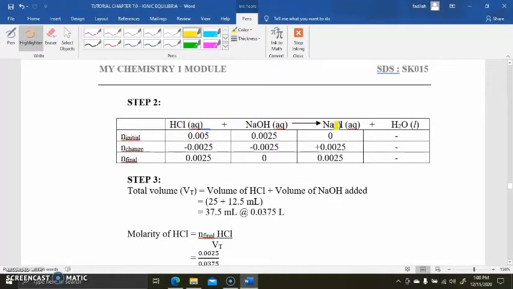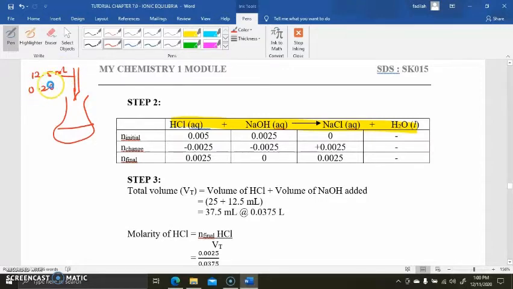Ini reaction antara acid and base, HCl and NaOH, dapat salt NaCl plus H2O. Concern kita sekarang adalah, after kita dah titrate sebanyak 12.5 ml 0.20 molar NaOH, inside here HCl kita ada 0.005 mole.